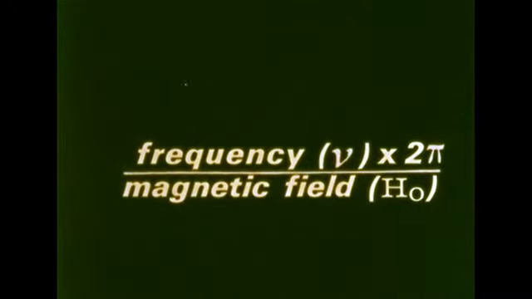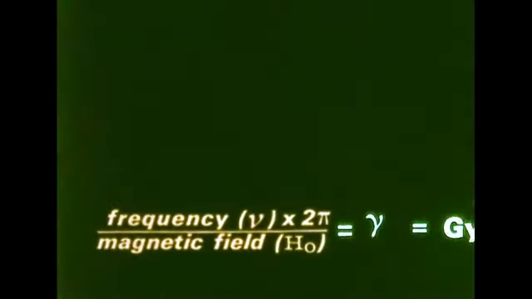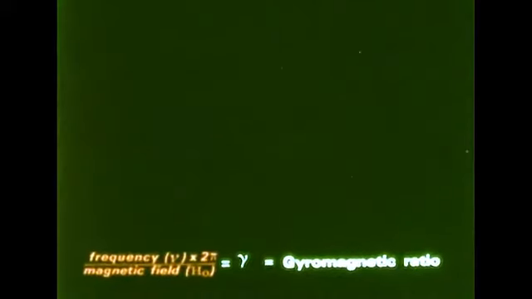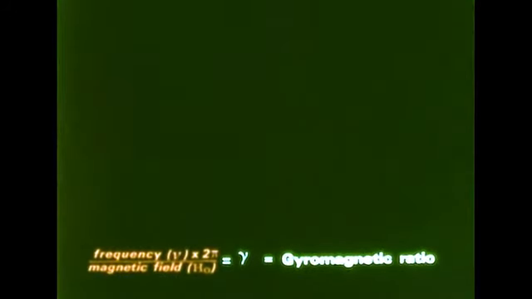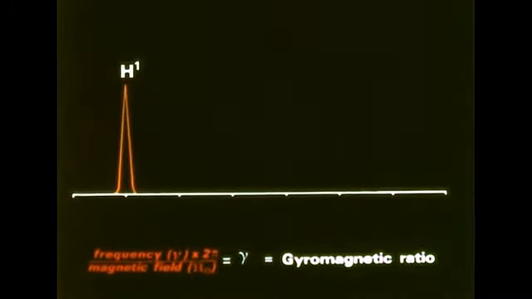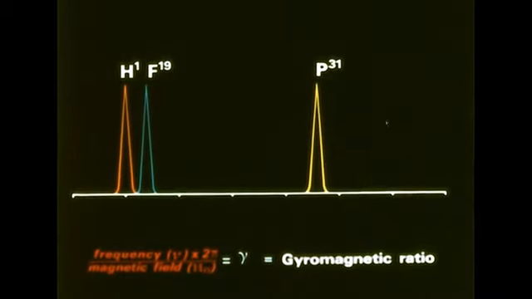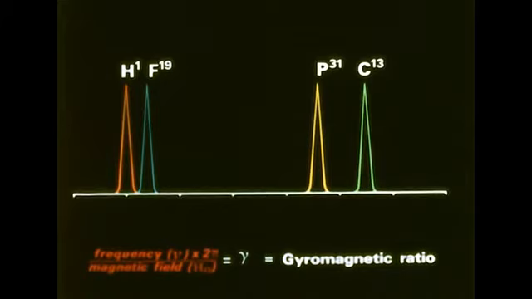It is only the ratio of frequency to field that determines where resonance occurs. This ratio is called gamma, the gyromagnetic ratio. The magnetic properties of each isotope are different, and each isotope has its own characteristic gyromagnetic ratio. Some of the isotopes which can be studied by NMR are protons, fluorine-19, phosphorus-31, and carbon-13.